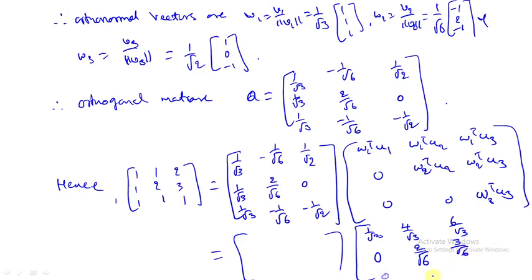Then 0, 0. And you get W3 and U3: minus 1 times 2, minus 1 and 3 times 1, minus 2, 6 minus 1.